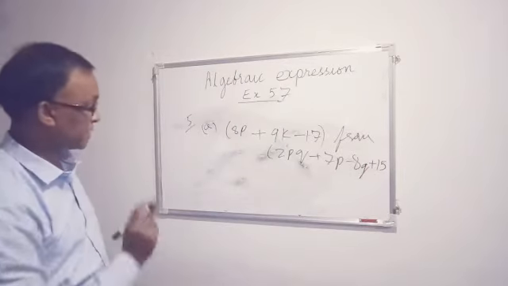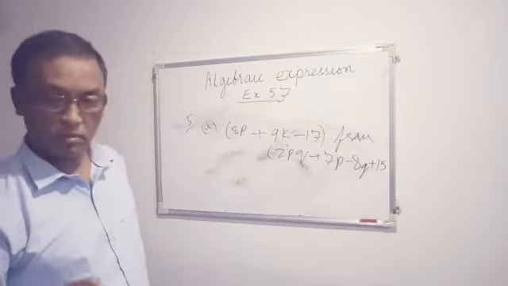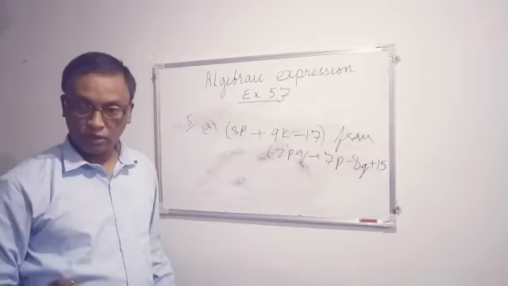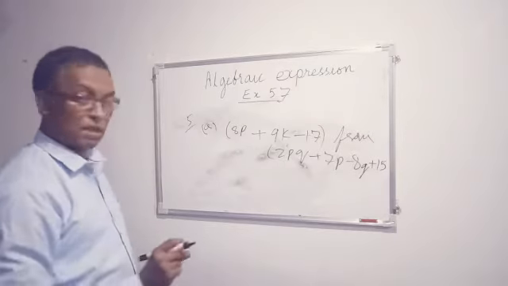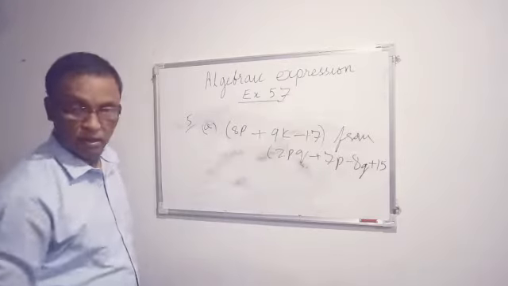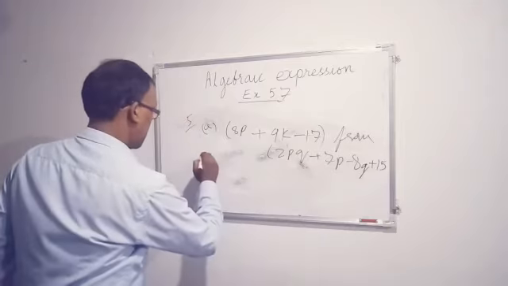8p plus 9k minus 17 from twice pq, 7p minus 8q plus 15. Now as directed, from this we have to subtract. So clearly mentioned, we have to write this one first.